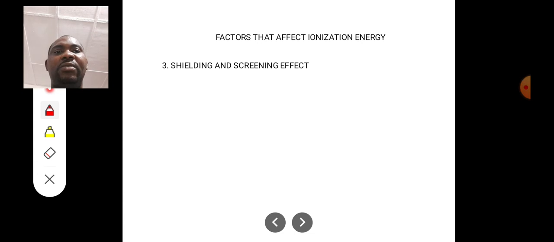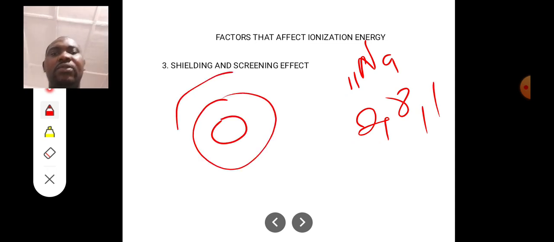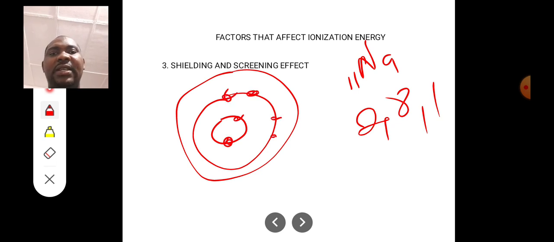If I take sodium for example, the configuration of sodium 11 is 281. So if I'm to draw the diagram, we have 1, 2, 3. Now the first shell has 2 electrons, the second shell has 8 electrons, while the third shell has 1 electron, and you have the nucleus inside here. Now you can see that there are inner electrons, and this is the outermost electron.